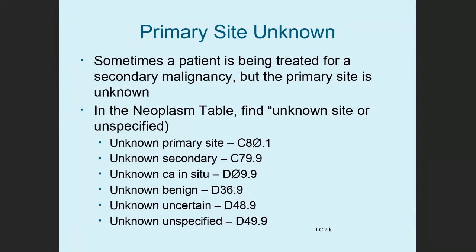That's the most common case. It could be the other way around. But you need to list a code for the primary site saying, we know there's a primary site, but it's not documented where it is. So unknown site or unspecified: unknown primary, unknown secondary, unknown carcinoma in situ, unknown benign, unknown uncertain, unknown unspecified.